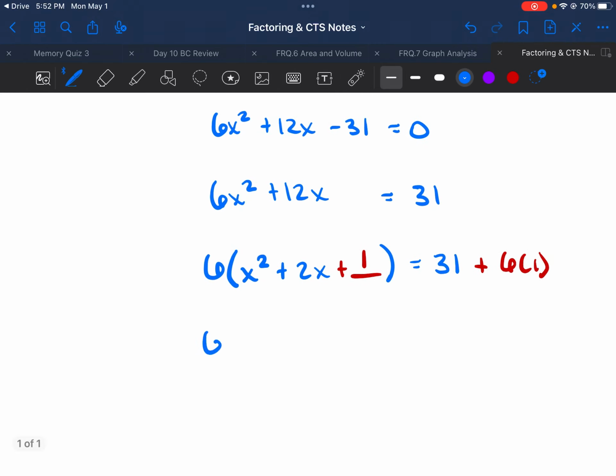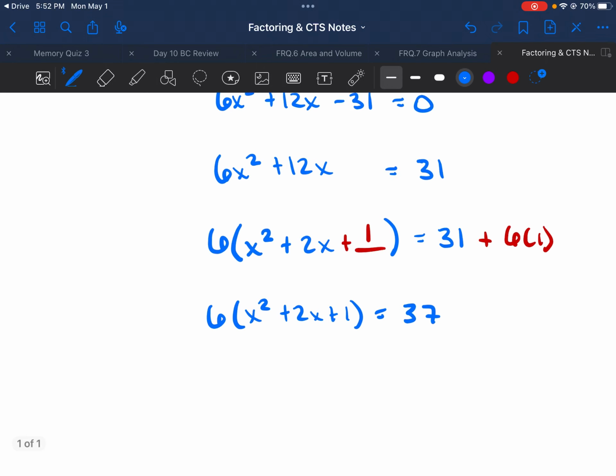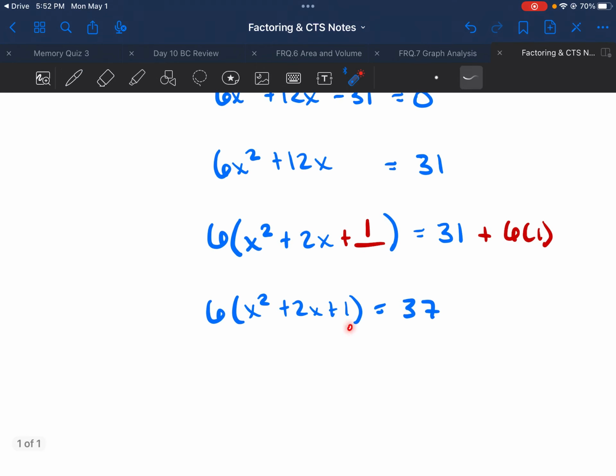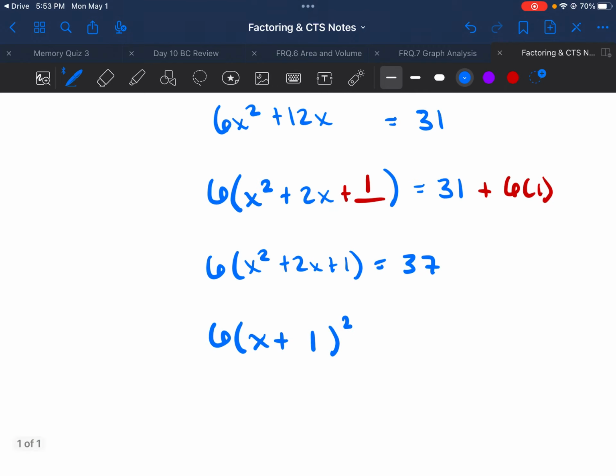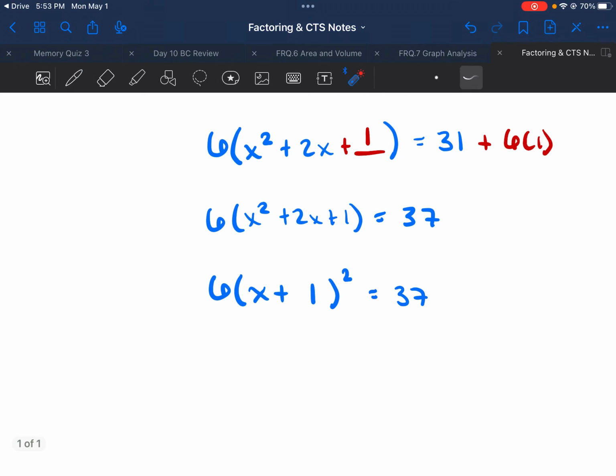All right, so what we have, 6 times x squared plus 2x plus 1 equals 37. Remember, again, the whole reason of completing the square is to be able to rewrite this piece here as something squared. Well, again, when we cut that middle term in half, we got a 1. So this is 6 times x plus 1 squared equals 37.